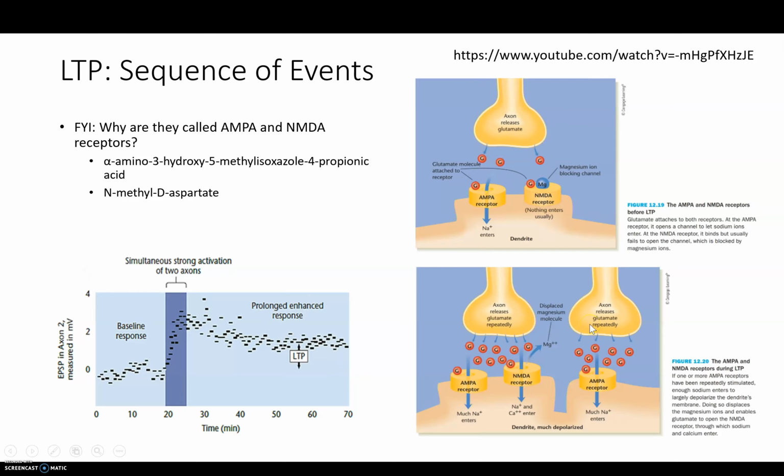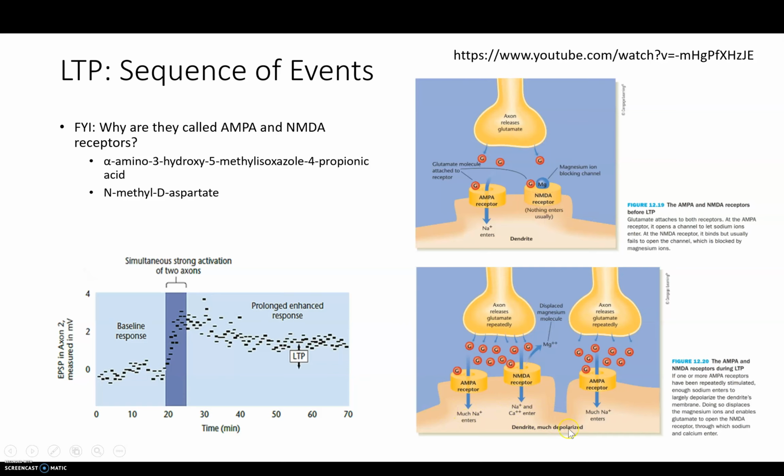Okay, so if the axon releases glutamate repeatedly, if you have strong activation of this axon, there's going to be a lot more glutamate released. That's going to lead to even greater depolarization in this postsynaptic neuron.